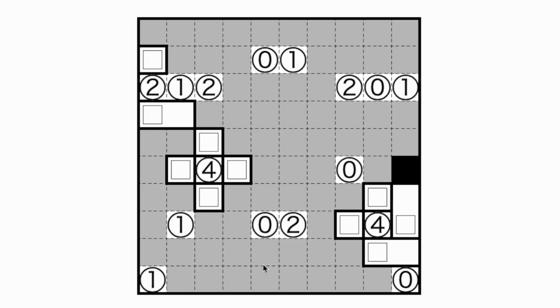I can say something about this futon. I can say it touches a shaded cell somewhere. And whichever shaded cell it touches is in this area, which means it's going to have to connect through this alley to get to other shaded cells. And that's going to be good because that means this one can't be talking about this cell.